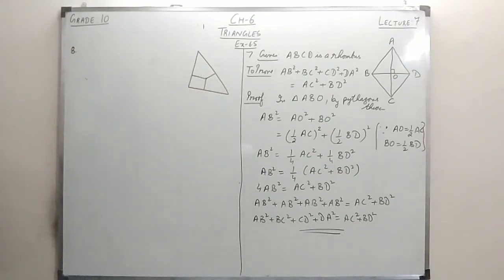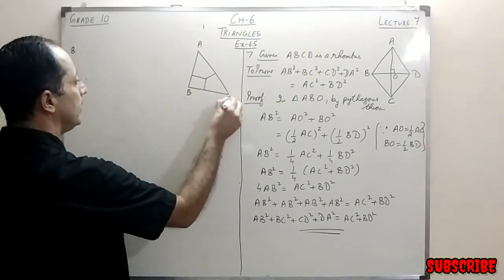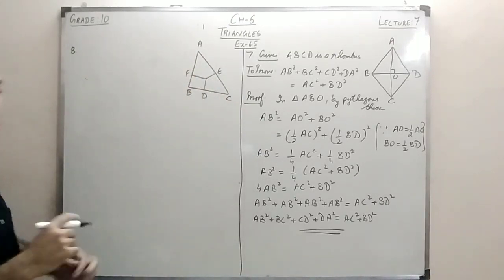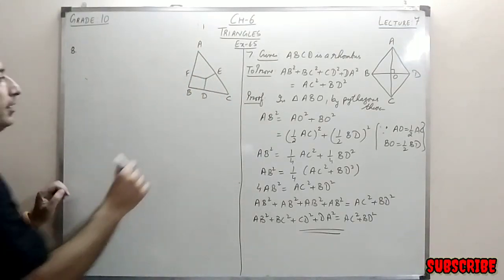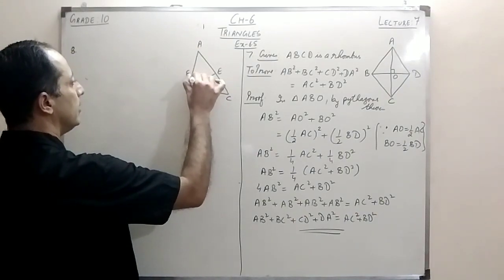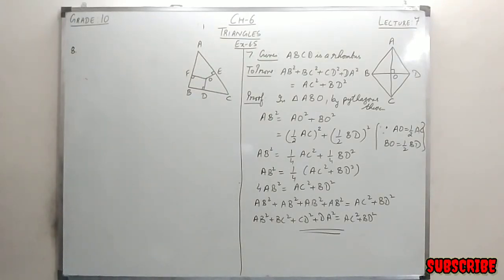So I write ABC. This is ABC and these are D, E, F. The point in the interior of the triangle is O, and these are all the perpendiculars. Now, the first thing we have to write is what is given in the question.